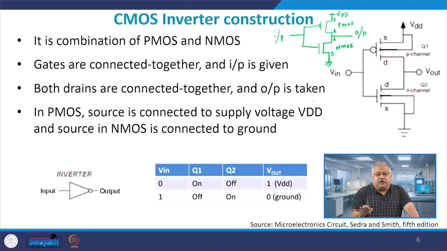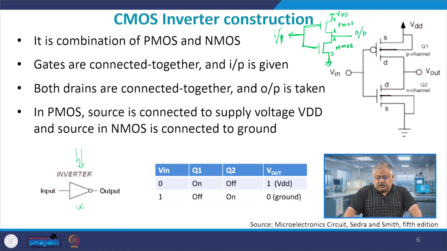That is the general trend or basic way of functioning. The gates of the two devices are shorted together, the input signal is given here, and the output appears on the output side. The inverter schematic is shown here. This is the diagram of an inverter with a triangle and a bubble in the front.